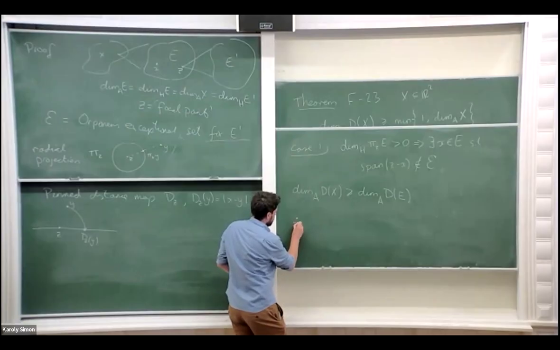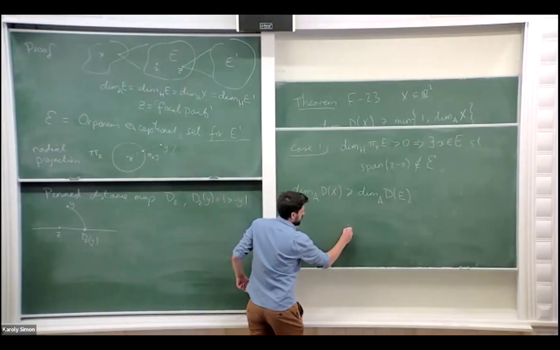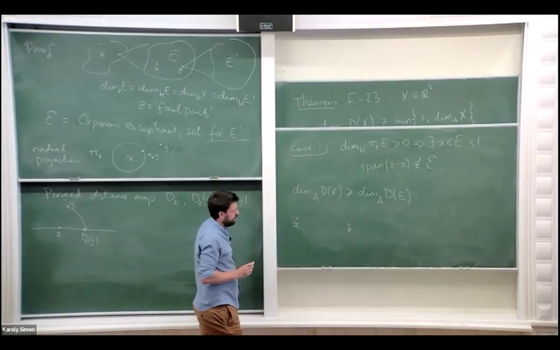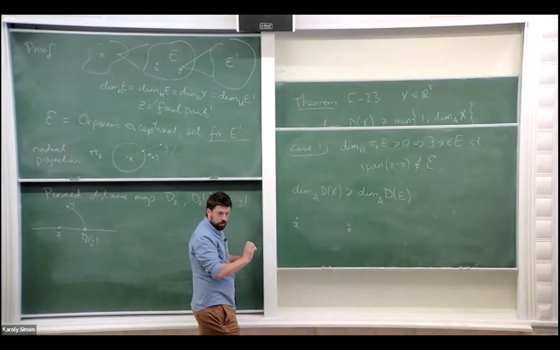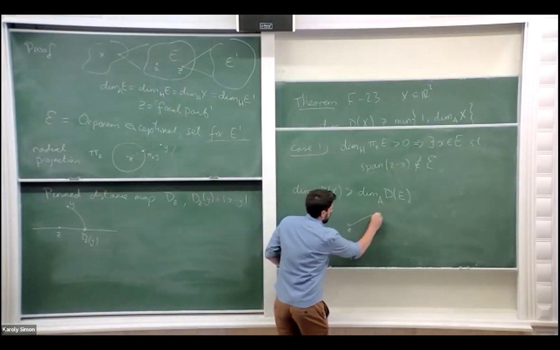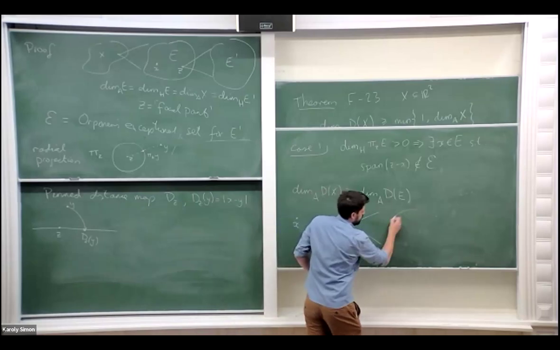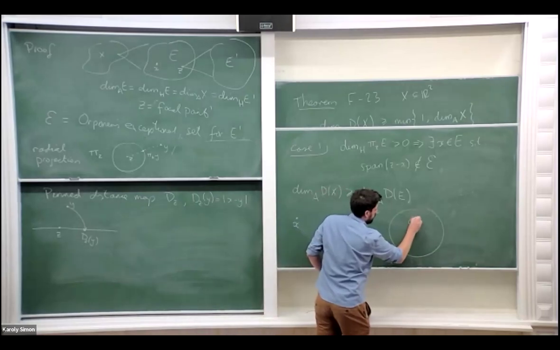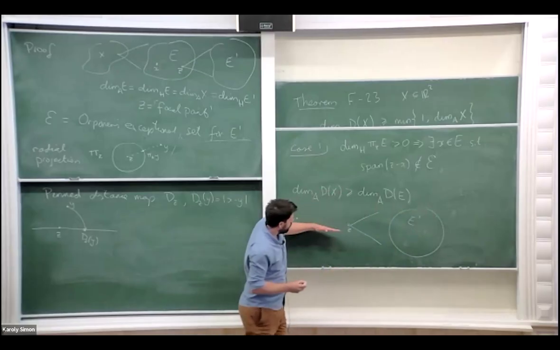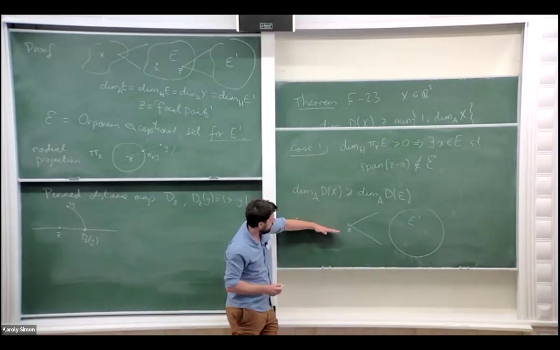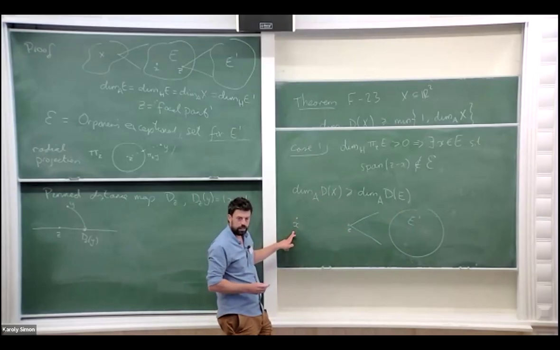So here is X, same X as over there. Here is Z. If I zoom in close to Z, I get something which looks like E prime. And so if I blow this up, I get something which looks like E prime. And the pinned distance map looks very much like orthogonal projection onto the span of X minus Z.